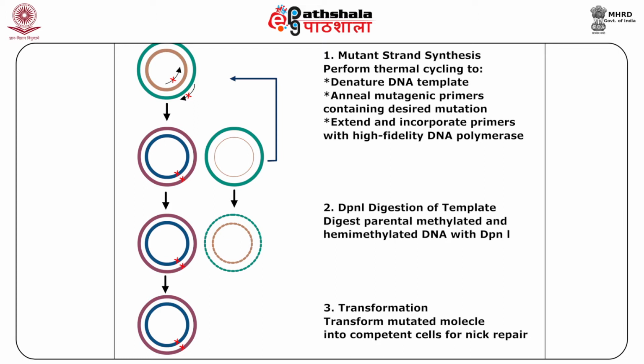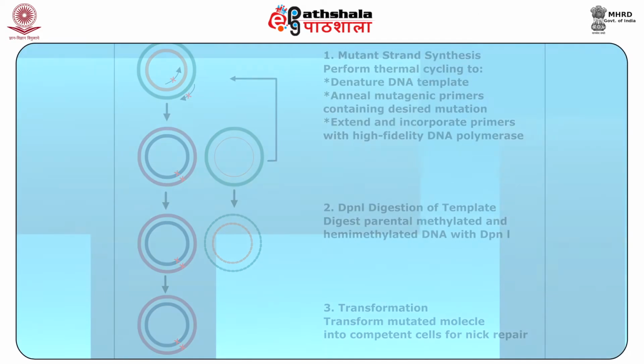Now this double-stranded DNA vector is there with the insert of interest, and we can see in this figure that the 2 synthetic oligonucleotide primers which are carrying the mutation at the desired site are also added to this PCR tube.